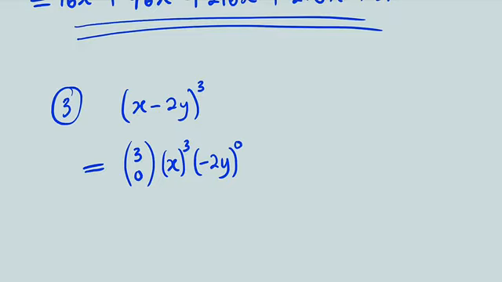You take the second term, which is now 3 combination 1, then a, which is x, to the power of n minus 1. 3 minus 1 is 2. Then multiply by the second term, negative 2y to the power of 1.